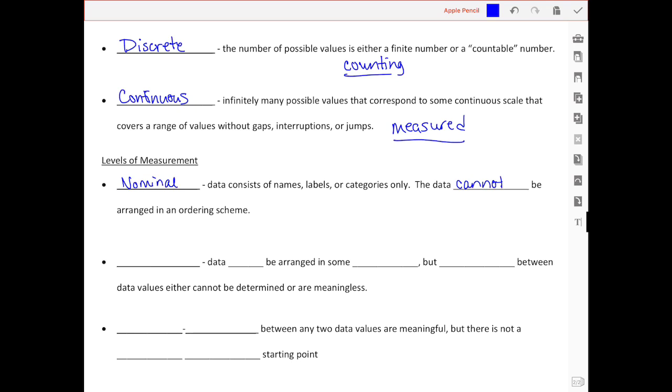We can't put it in order. We've got categories, so it's usually going to be words. Like we're going to say these are all of the blue ones. You know, we put this into a blue category, and this is an orange category, yellow category. So there's not a first, second, third. We just label it.